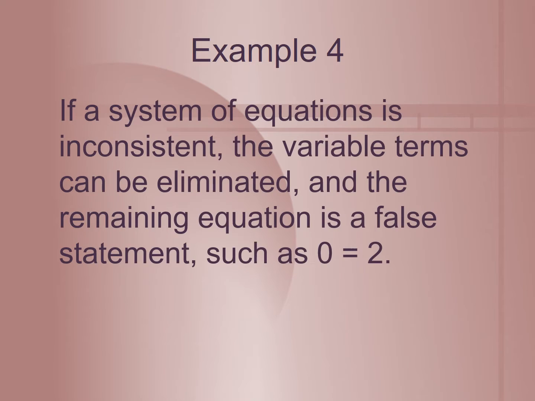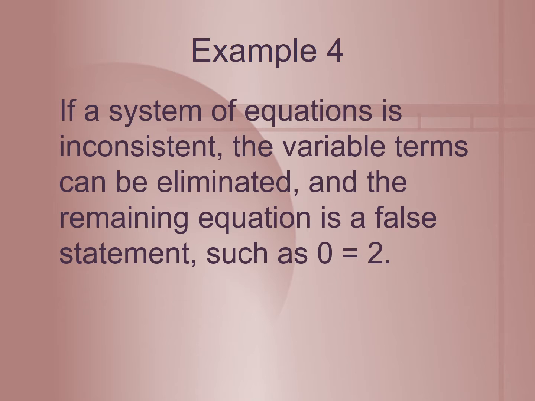Looking at example 4, we have x plus y equals 7 and x plus y equals 5. For this example, we have no solution, because we ended up with the statement 0 equals 2. All of our variables canceled, and we got 0 equals 2. So we know that there is no solution, and the type of system is inconsistent.